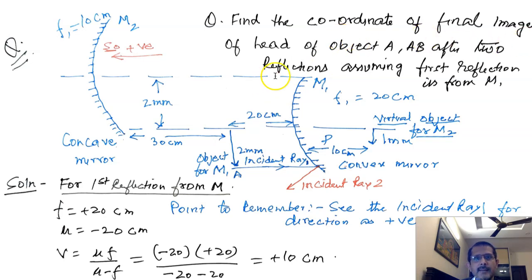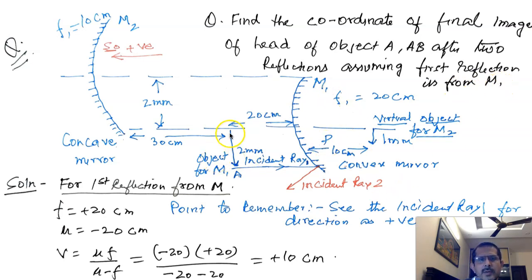Where is the object A? This is the object A, and this is AB. This is A and this point is B. After two reflections, assuming first reflection is from M1.